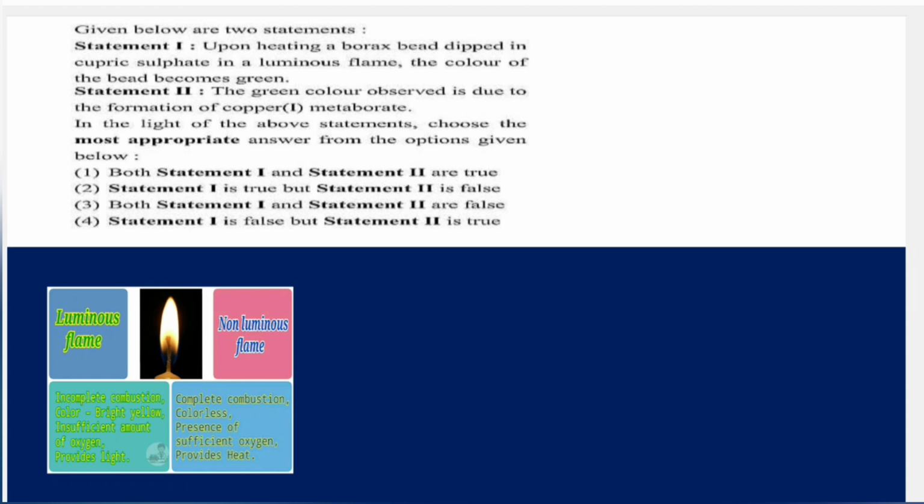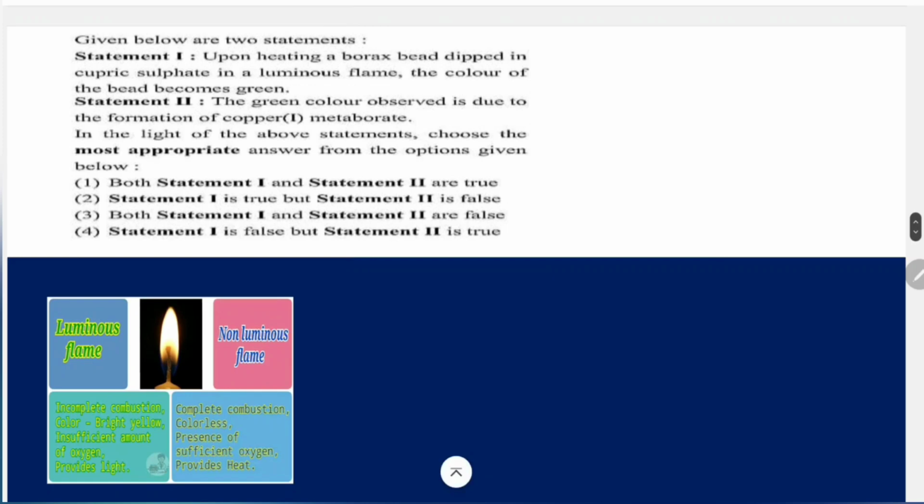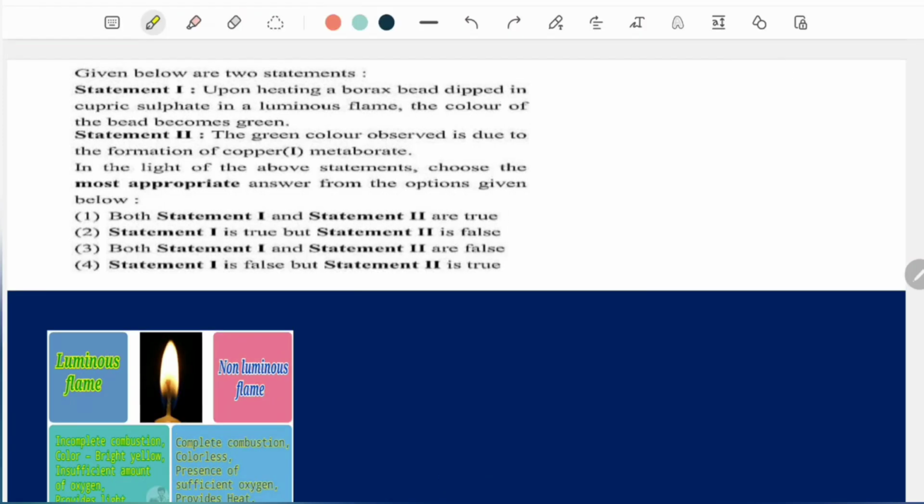For example, in the case of copper sulfate, CuSO4 in presence of boric anhydride like B2O3, in a non-luminous flame.